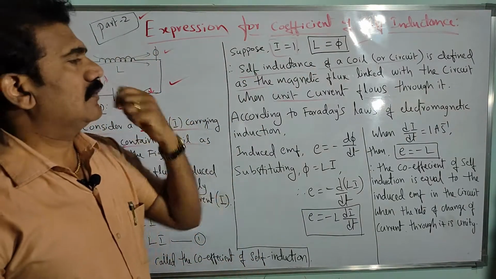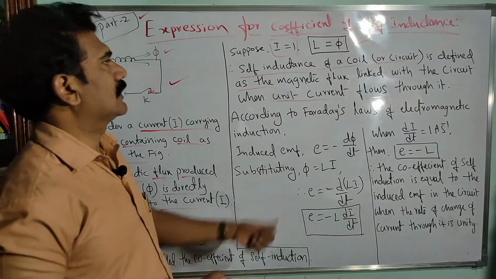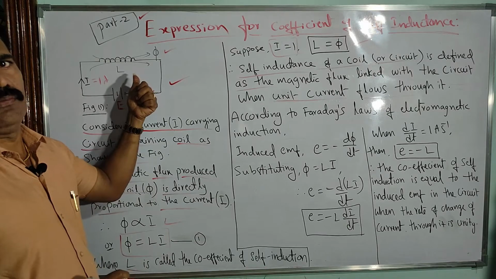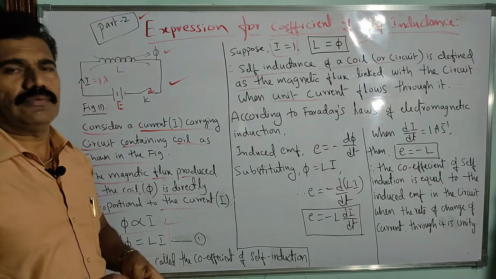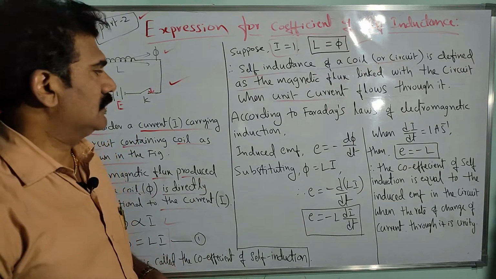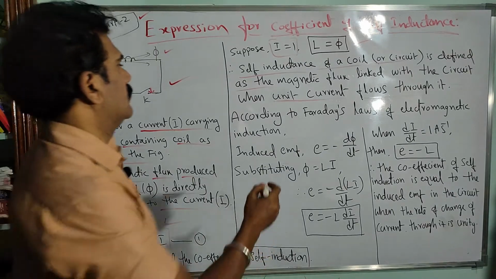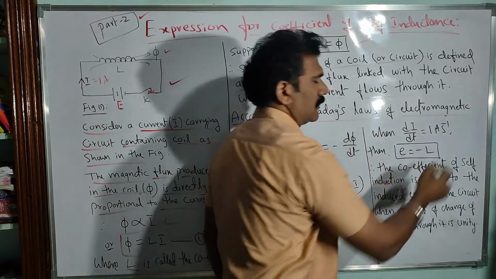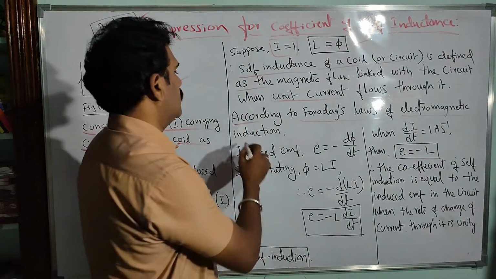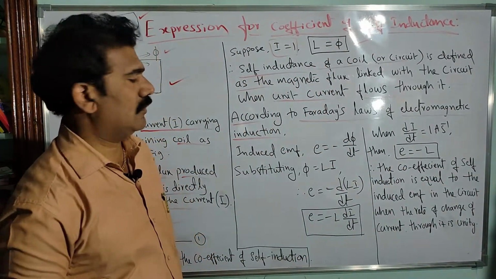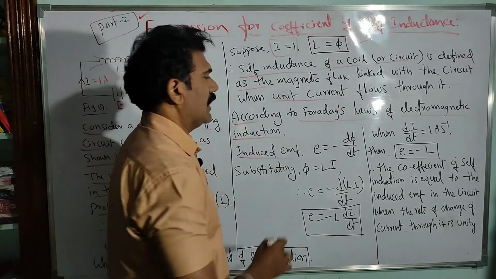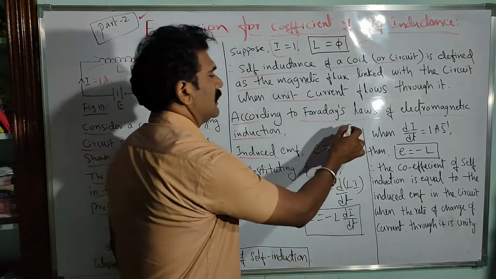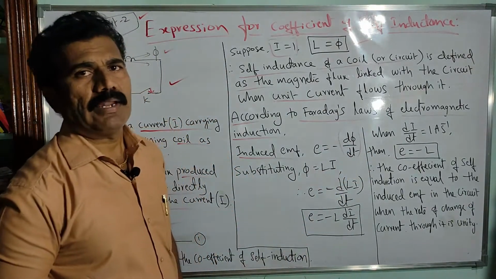Further, we can show that the self inductance of the coil also depends upon the induced EMF. The induced EMF concept is given by Faraday, so let's consider Faraday's laws of electromagnetic induction, in which the equation for induced EMF is E is equal to minus d phi by dt, that is, the rate of change of magnetic flux.